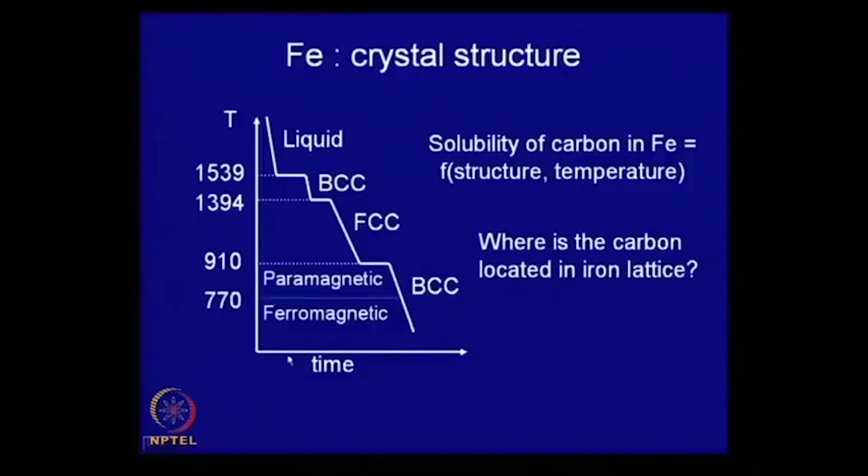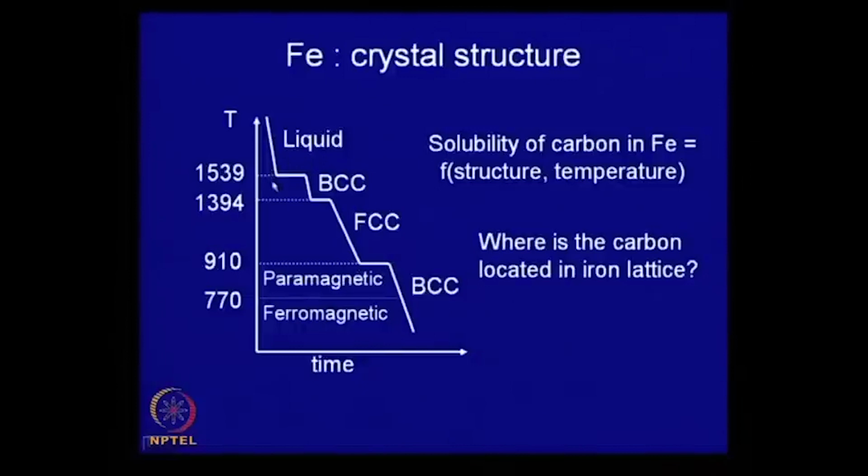Now, suppose you take molten iron in a crucible, melt it, heat it to let us say 1550 degree centigrade, and then let it cool very slowly and measure the temperature. If you make a plot of this temperature as a function of time, you will find that in the cooling curve you get a number of steps.